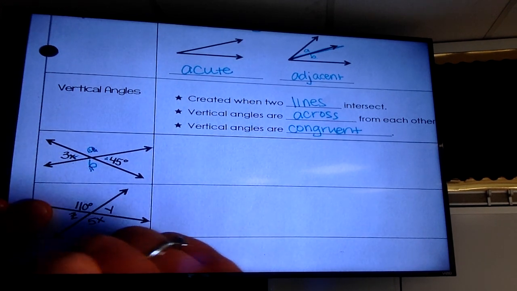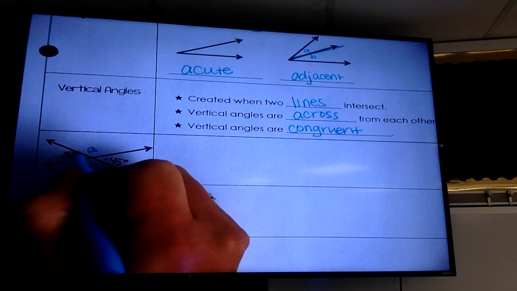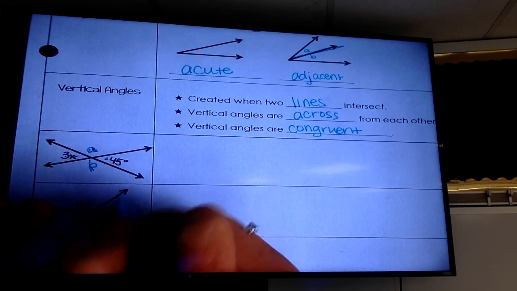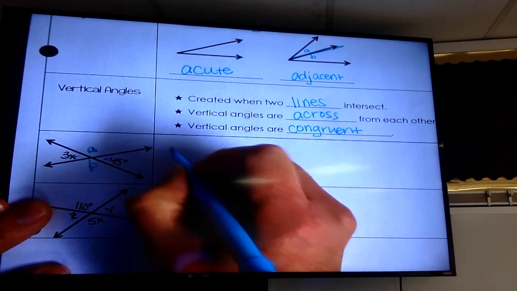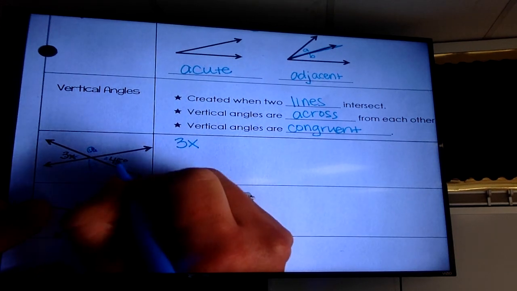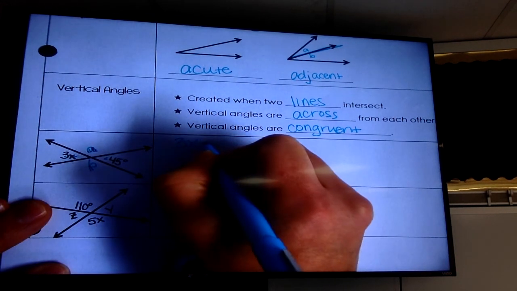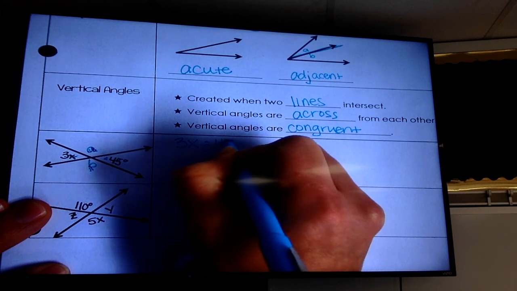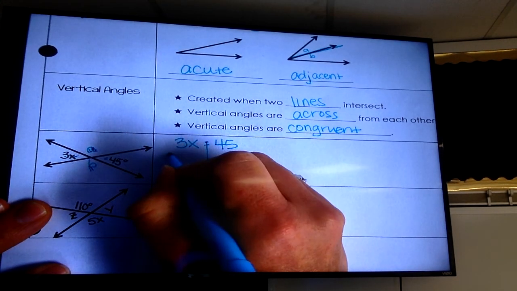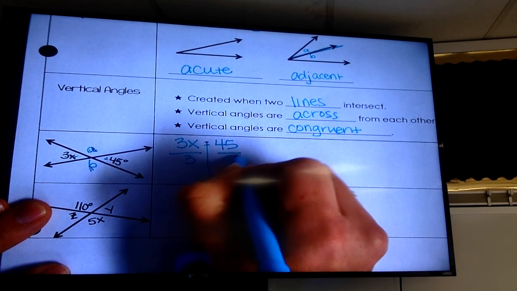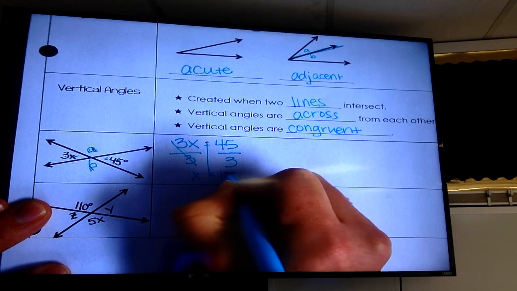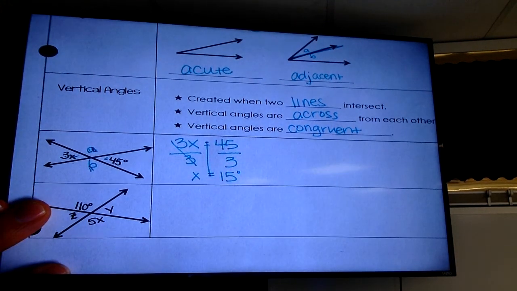Those are also vertical and congruent, which means if I'm given something like what I see here, 3x over here and 45, I can actually solve for x here. I know that that angle, 3x, is the same size. It's congruent to the 45. So I'm going to say 3x equals 45. And then if I want to solve for x, I'm just going to divide both sides by 3. And I would get x equals 15, or 15 degrees.